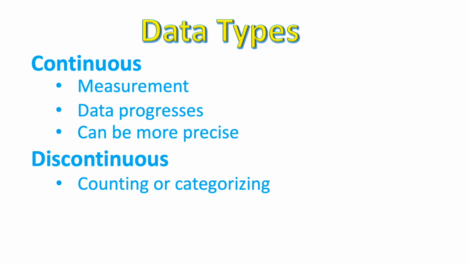Discontinuous data can be quantitative or qualitative. It is gathered by counting or categorizing. The categories are discrete and do not continue from one to the next. Some examples are males to females, blood type, number rolled on dice, and number of cockroaches.